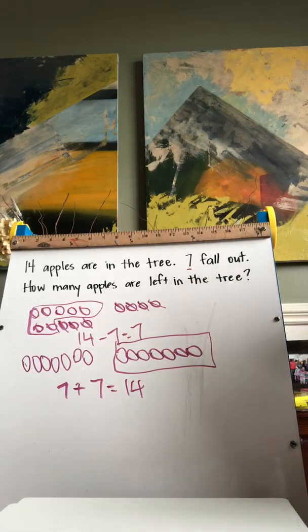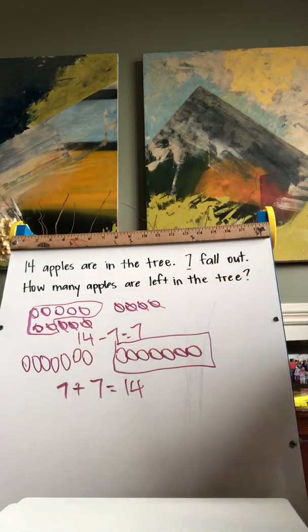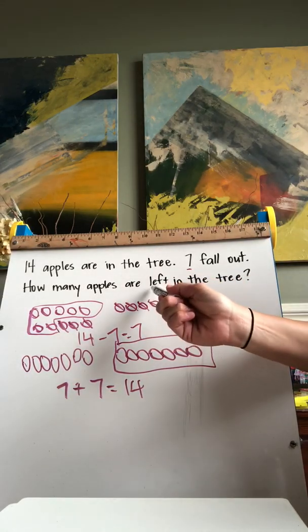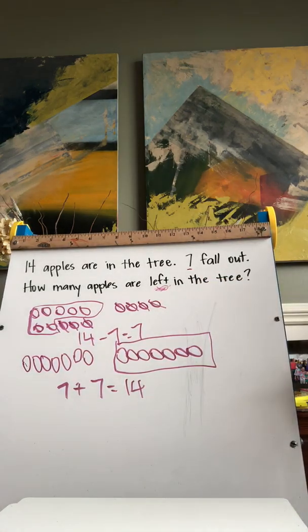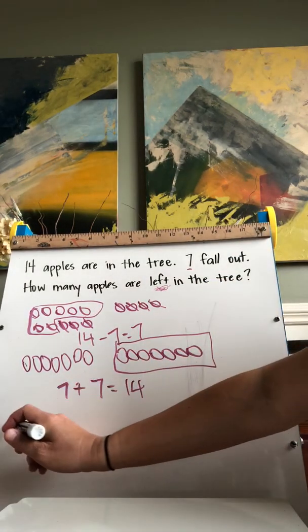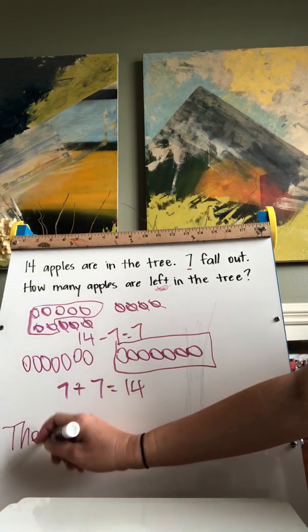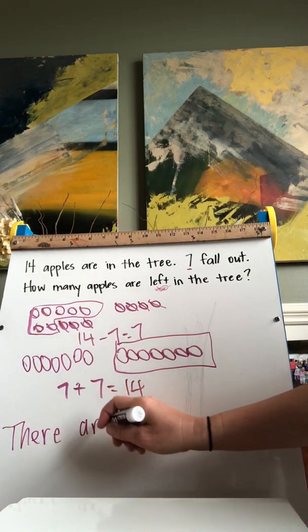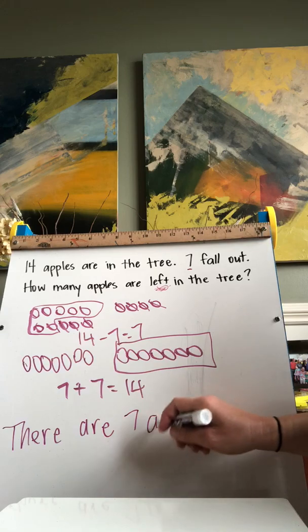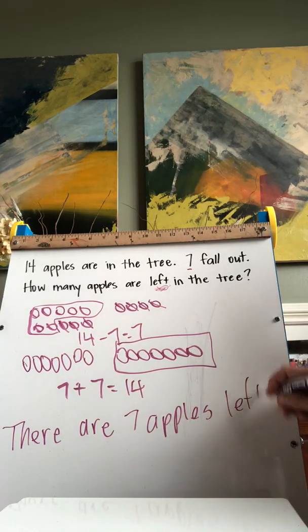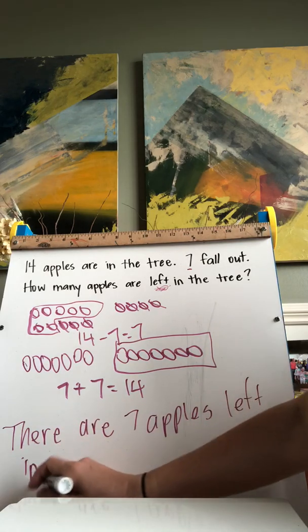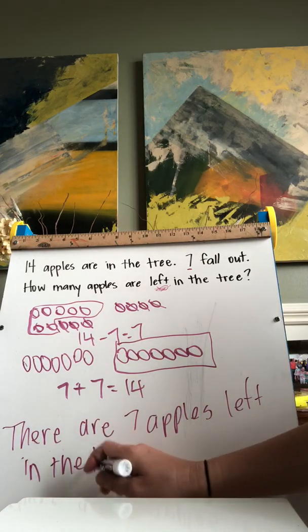However, you have to know the answer to this. If you write 14, you would be wrong, because I want to know how many apples are left in the tree. So I'm going to write my sentence that says, there are 7 apples left in the tree.